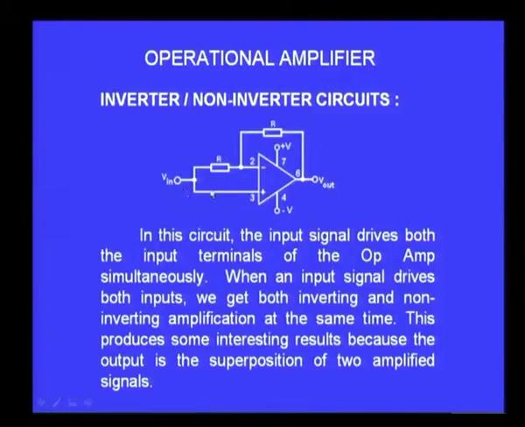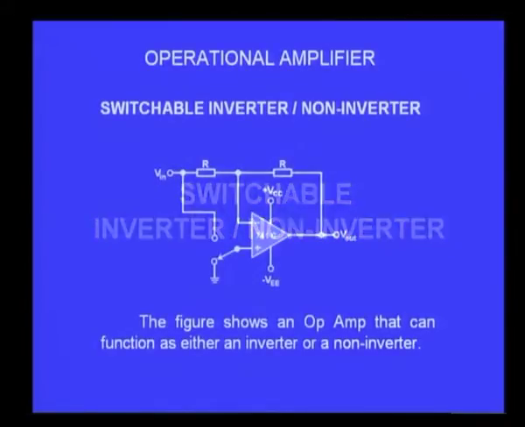But if I disconnect this and connect it to ground, it becomes an inverter, and therefore, the gain becomes minus 1. Therefore, you can see this circuit can easily be used to switch between inversion and non-inversion. That is what I want to show you as the next application.